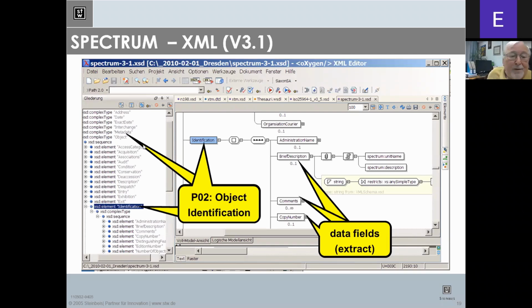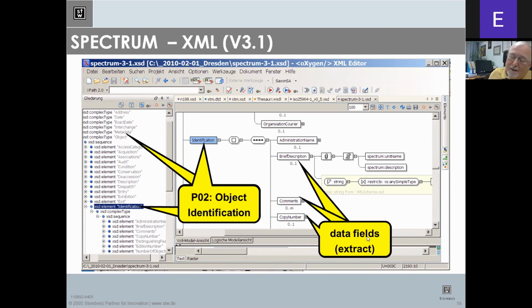Then you have here, for example, the object identification information. And part of this is identification of an object. And then you have here data fields. So we have a group of objects, and this group of objects is divided into data fields. That is a basic element of data.